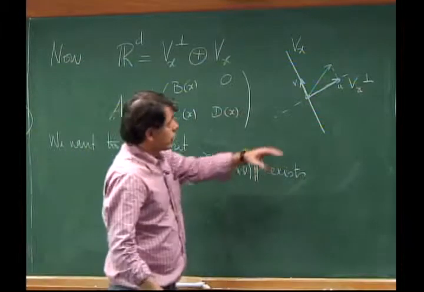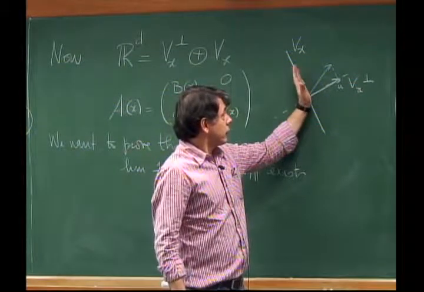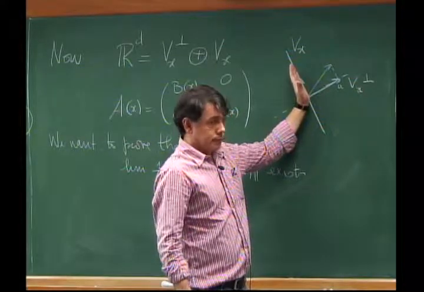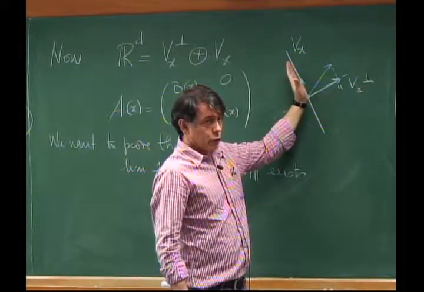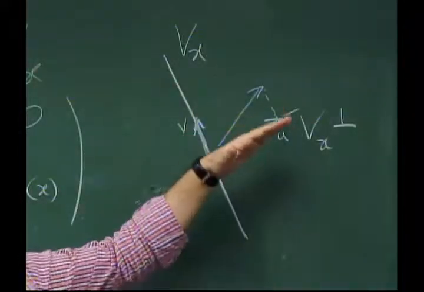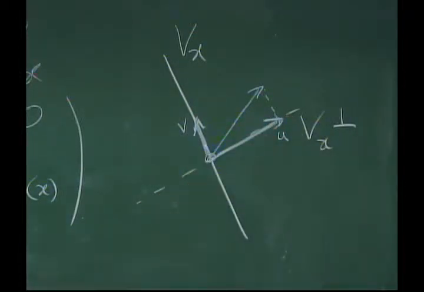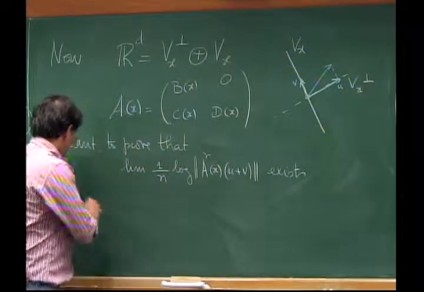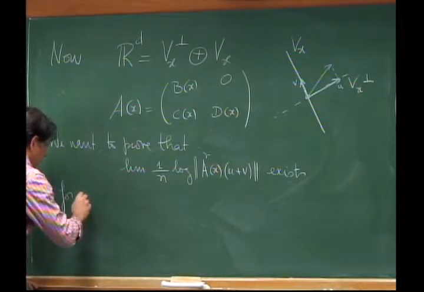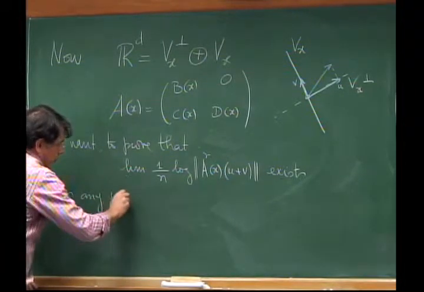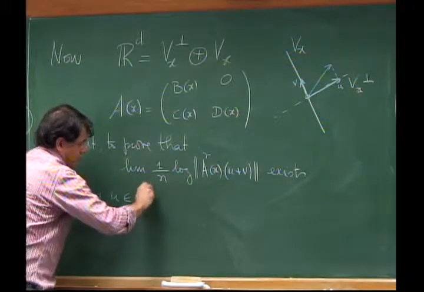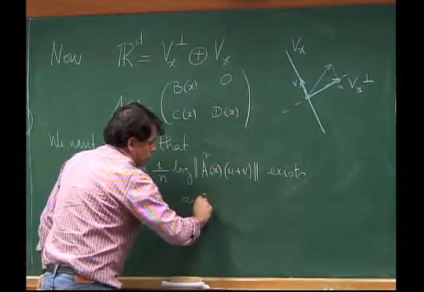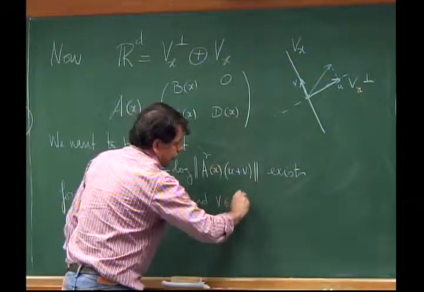We already know that the limit exists for vectors that are here. We want to prove that the limit also exists for the other vectors. The other vectors are vectors of this form, for any u in Vx orthogonal and v in Vx.